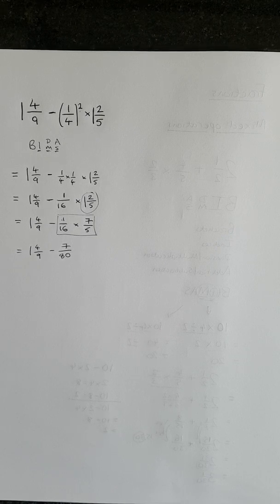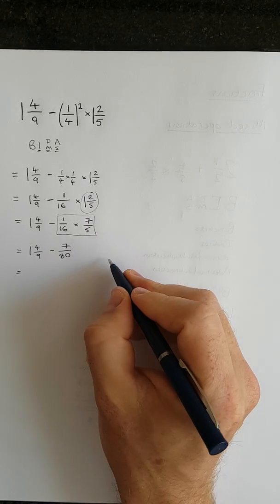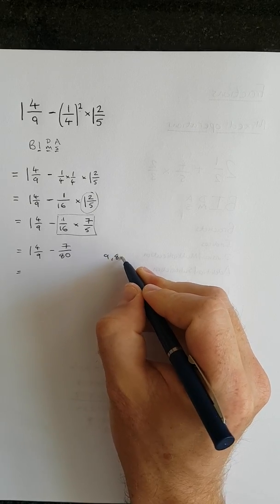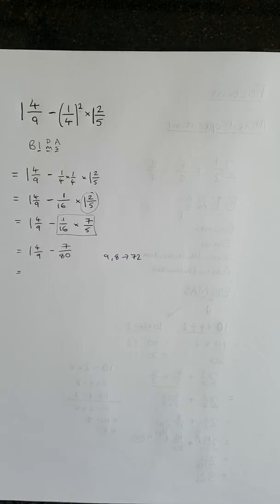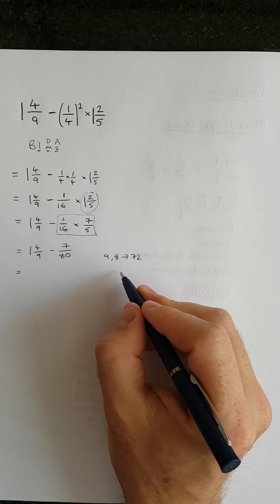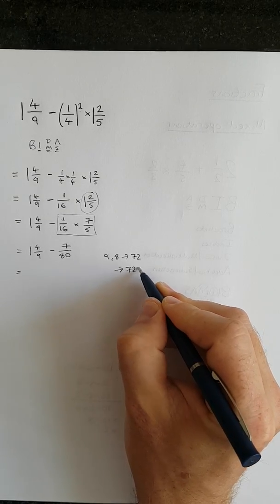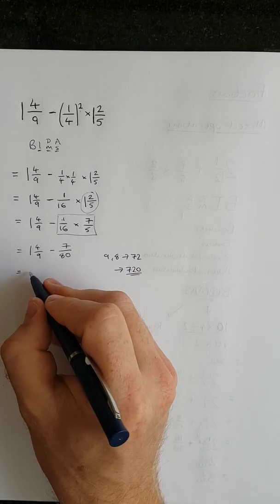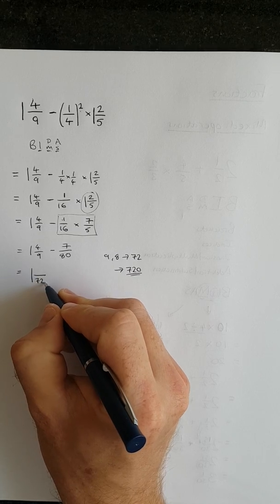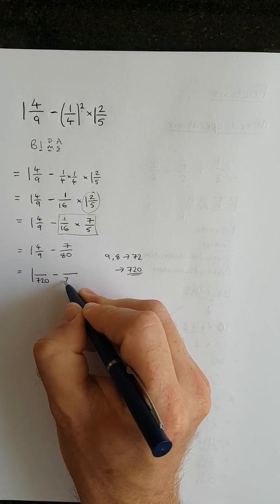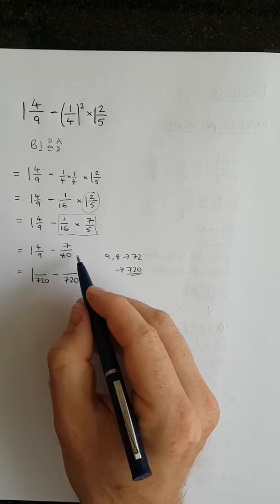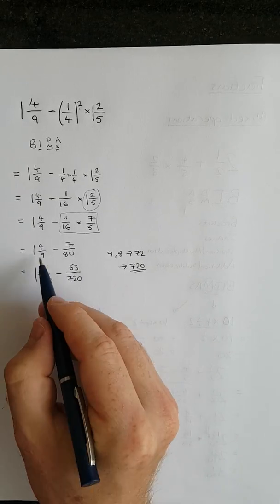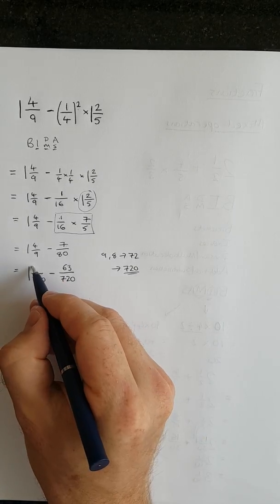Now, 9 and 80. Wow, we've got a horrible pair here. 9 and 8 first meet at 72. So 9 and 80 first meet at 720. This I times by 9, and this I times by 80.